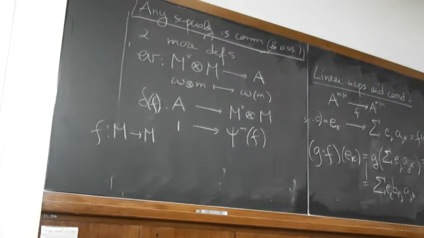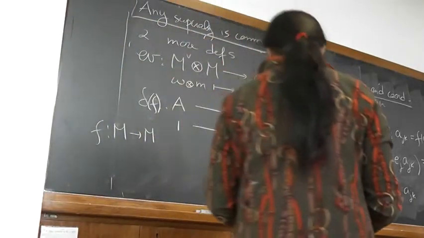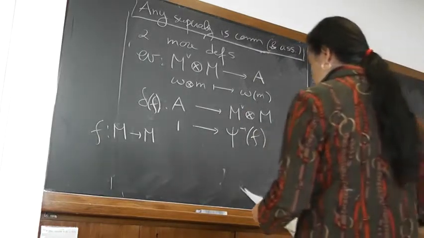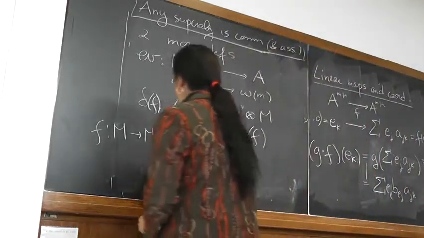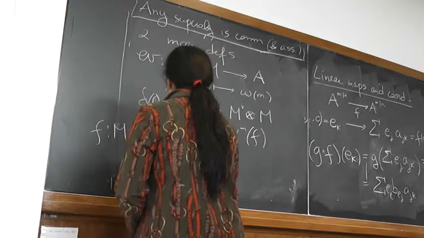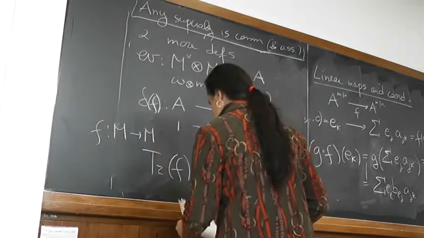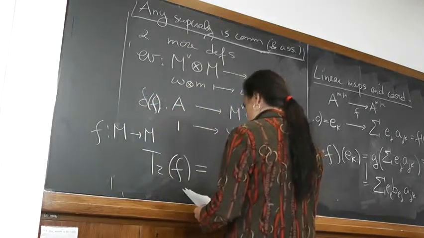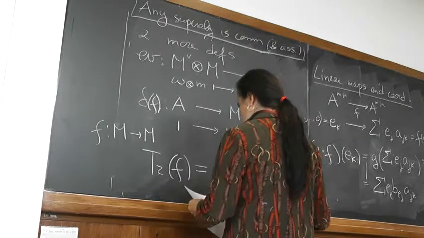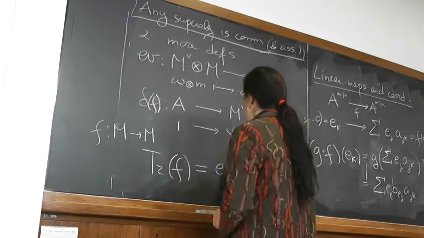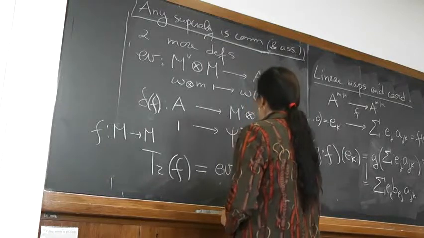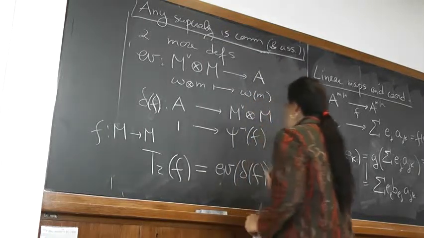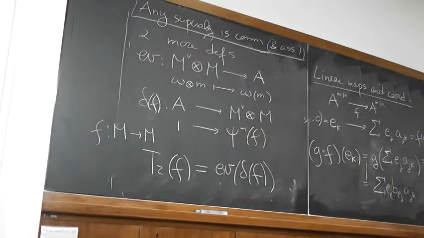And finally, as Franco correctly said, there is a way to define trace immediately. Trace of F is the evaluation composed with this delta: evaluation of delta F. So there are no coordinates in this definition. Now it is, to me, not immediate that this is the trace.